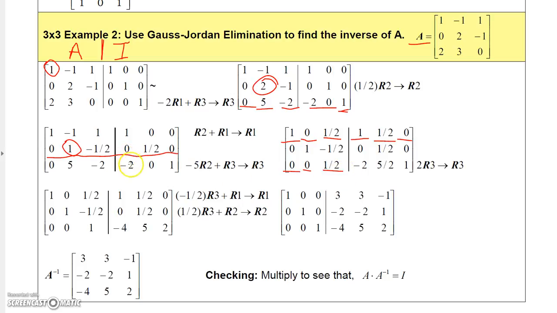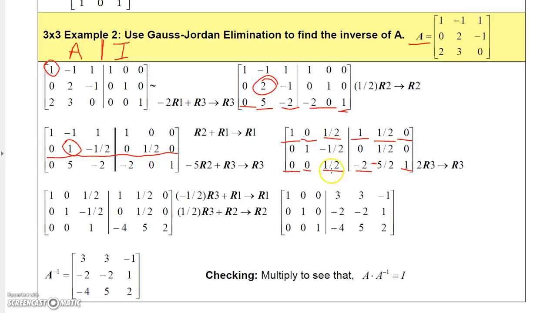Negative 5 times 0 is 0, plus negative 2 is negative 2. Negative 5 times 1/2 is negative 5 halves, plus 0 is negative 5 halves. Let's see, it looks like I missed a sign here. Okay, and then negative 5 times 0 plus 1 is 1.